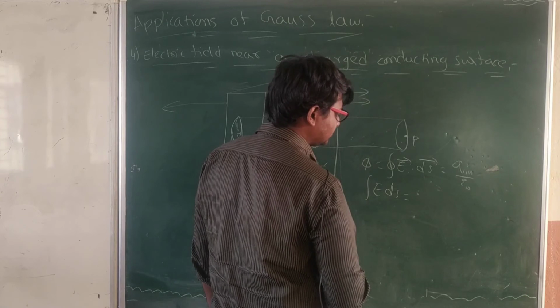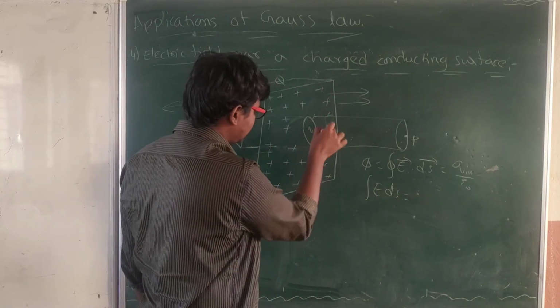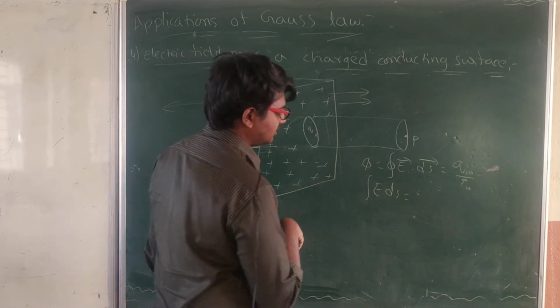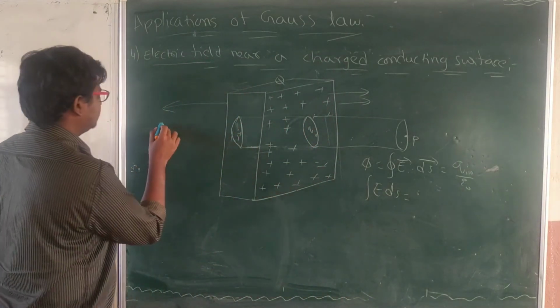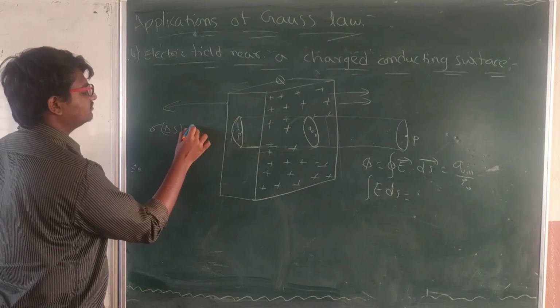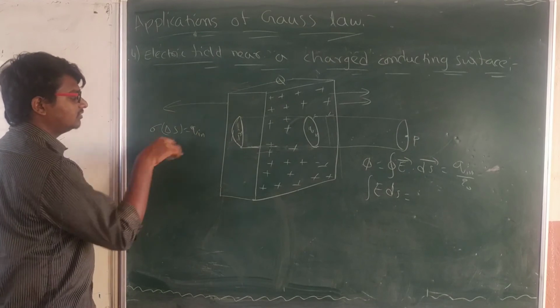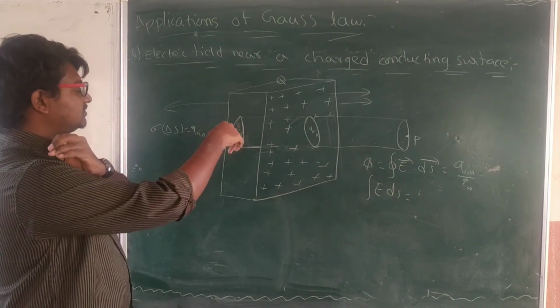What is q inside? This is the charge which is inside this particular area. That one we already know: sigma delta s is equal to q inside. In the before case we found q inside by delta s is nothing but the charge density distributed on the surface.